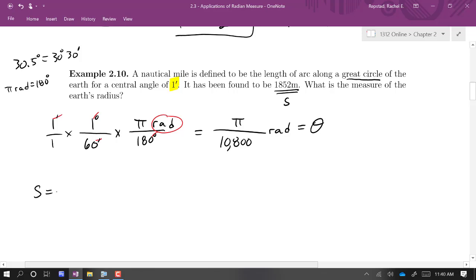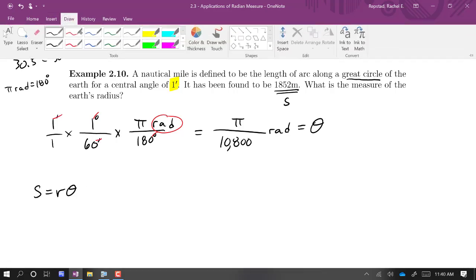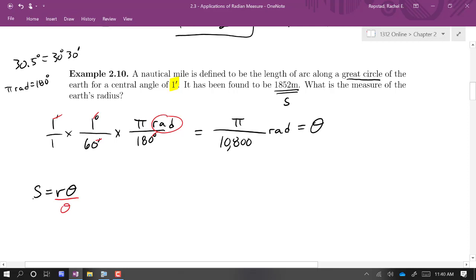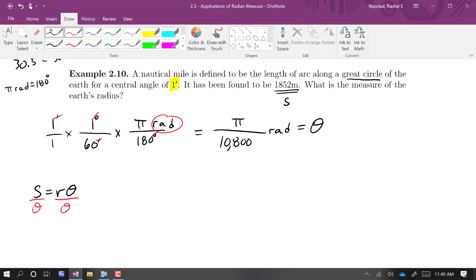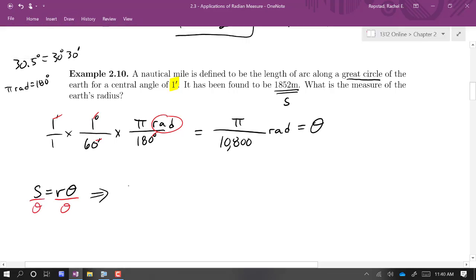If s is equal to r theta, and I want to find the radius, all I'll do is divide both sides by theta. So r is equal to s over theta, which is 1,852 meters divided by theta, pi over 10,800. I'm dividing by a fraction, so I'm going to multiply by the reciprocal.